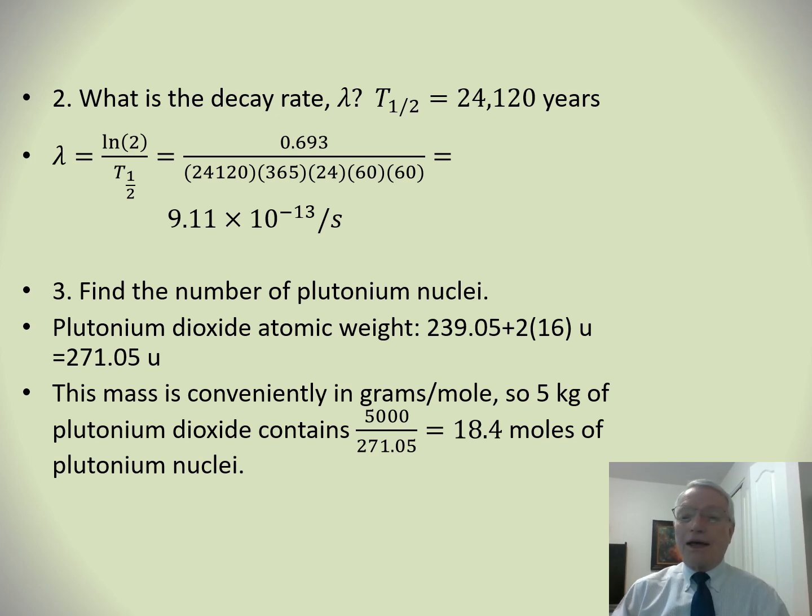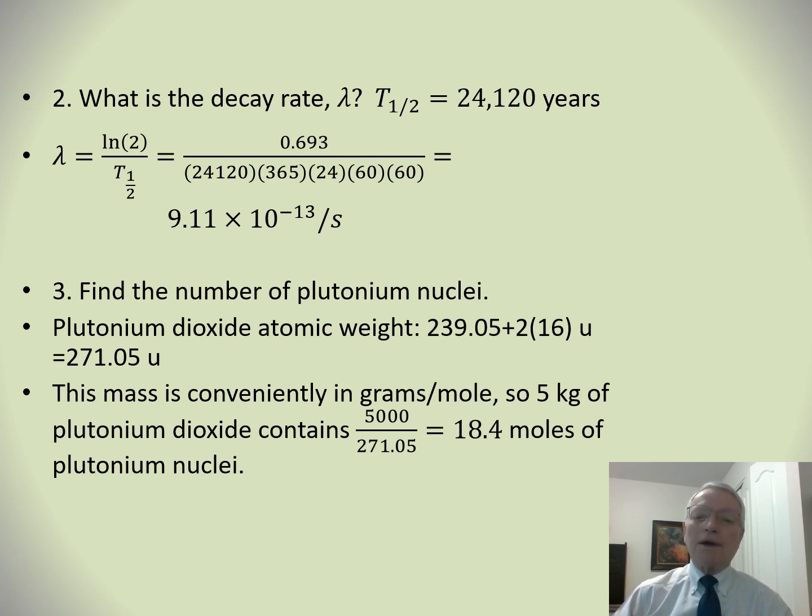But there's a lot of plutonium. There are a lot of plutonium nuclei in there, which compensates for this small rate. So we need to know how many. The plutonium dioxide atomic weight is 239.05 plus 2 oxygens. Well, let's add a 32 to this. It's 271.05. And this comes out conveniently in grams per mole.